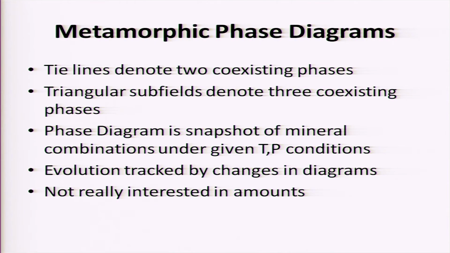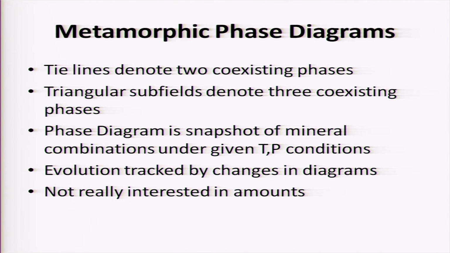We will see its utility in a much greater way shortly with actual examples. So, the tie lines denote coexisting phases, and by coexisting we mean mutually in equilibrium. Within a three component diagram, a tie line represents a two phase field and a triangular area represents a three phase field.